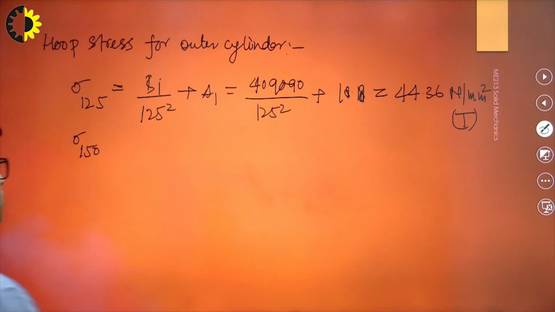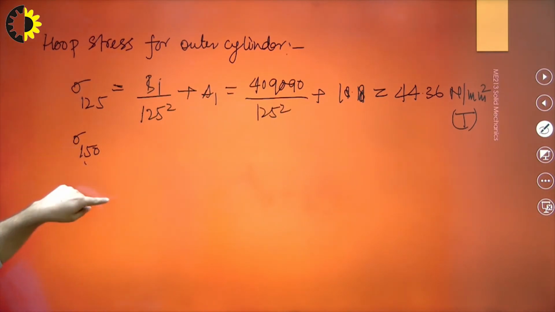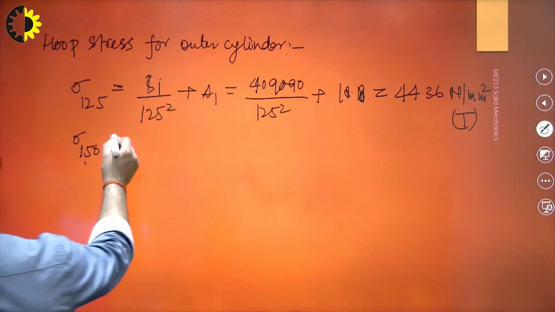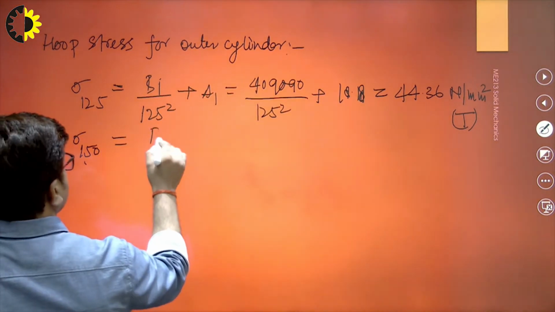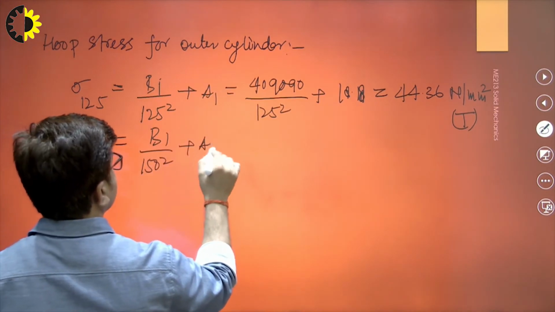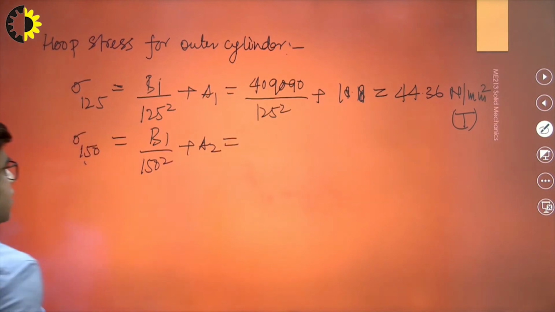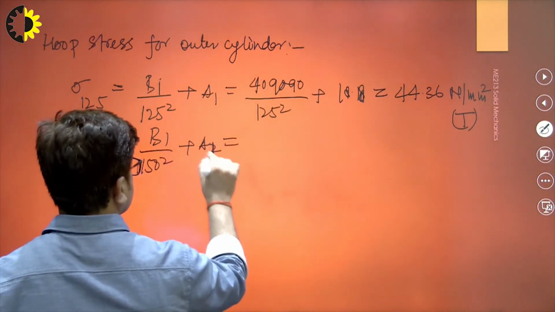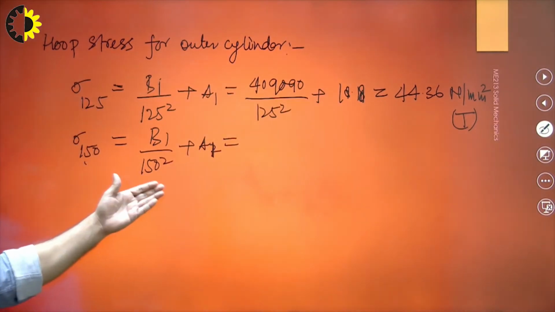Now for the outer tube at the outer radius, means at 150 mm, this is B1 upon 150 square plus A1.